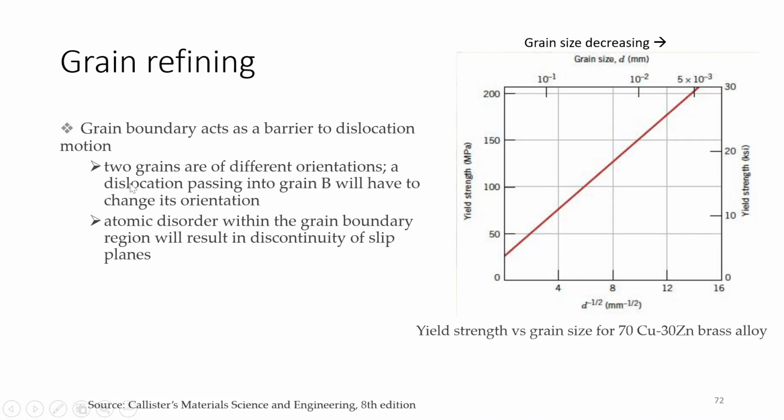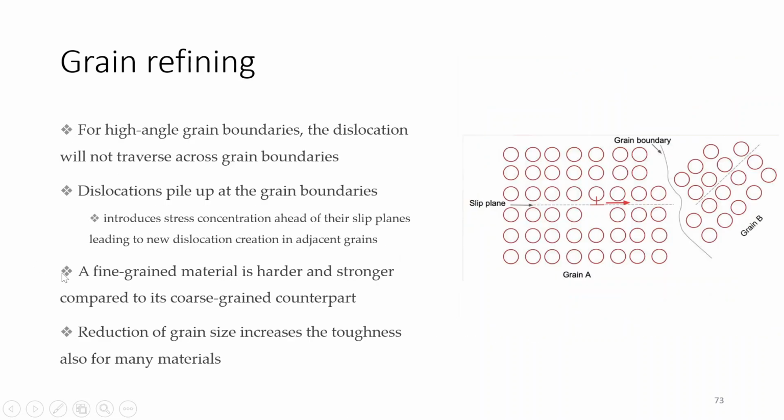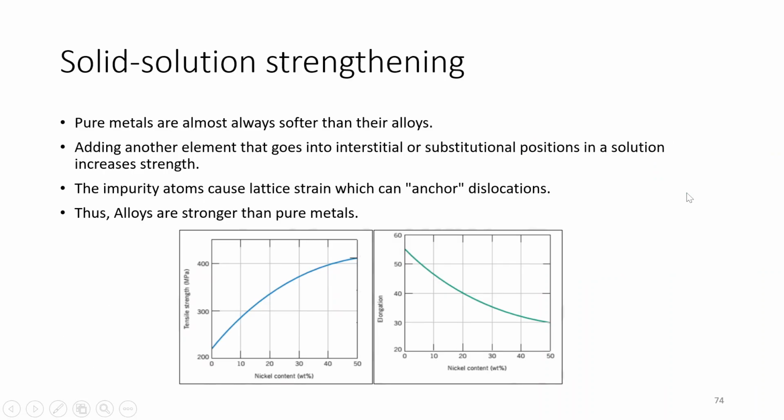If two grains are of different orientation, a dislocation passing into grain B will have to change its orientation, and the atomic disorder within the grain boundary region will result in discontinuity of slip planes. For high angle grain boundaries, dislocations will not traverse across the grain boundary.